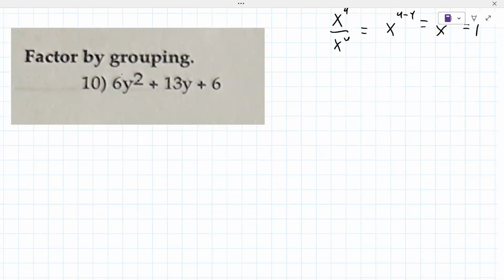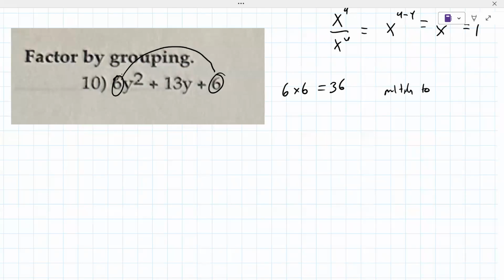So the strategy here is to take the 6 in front and the 6 in back and multiply those together, which is 36. Okay. So now you're looking for two numbers that multiply to 36, but they have to add to 13.